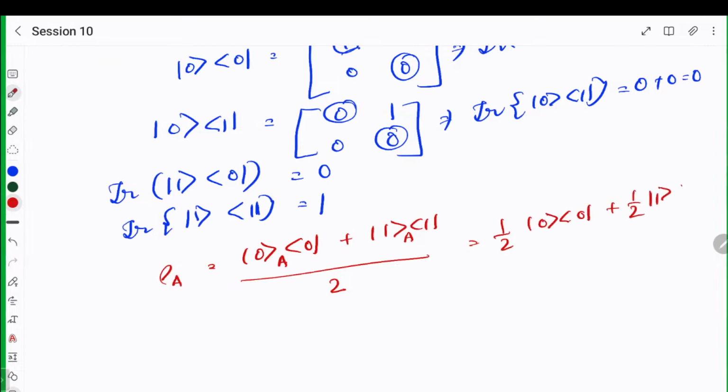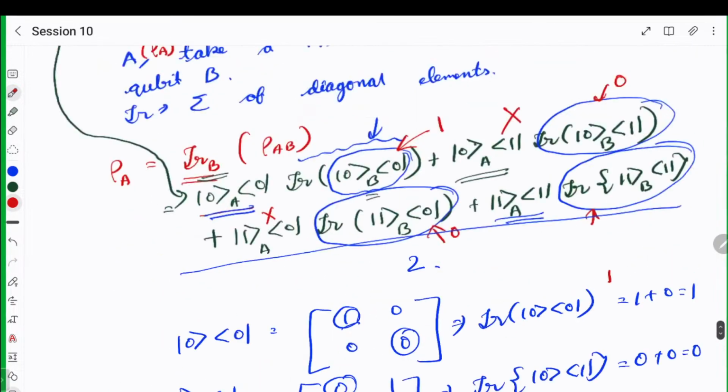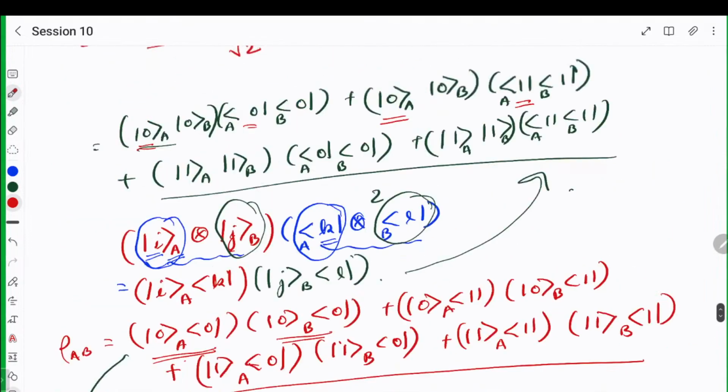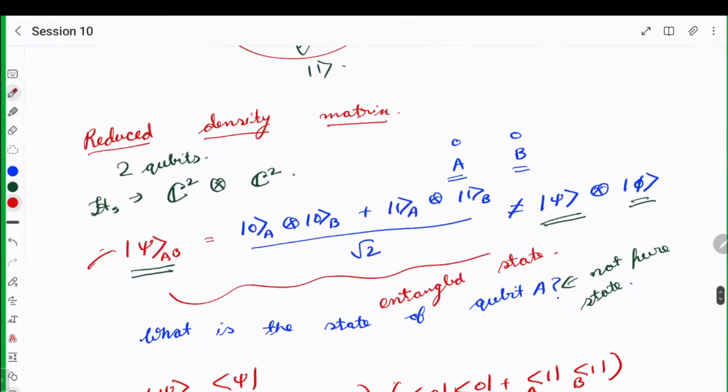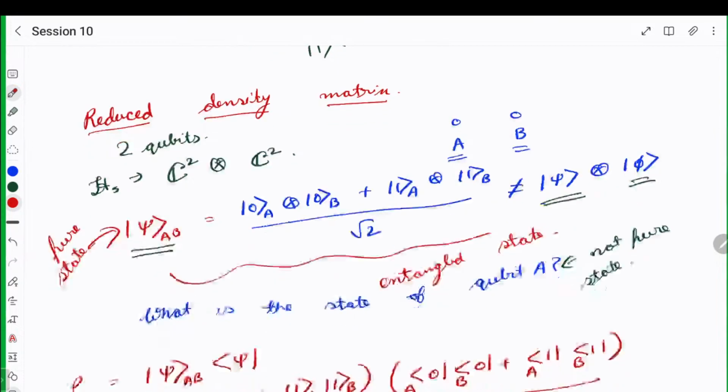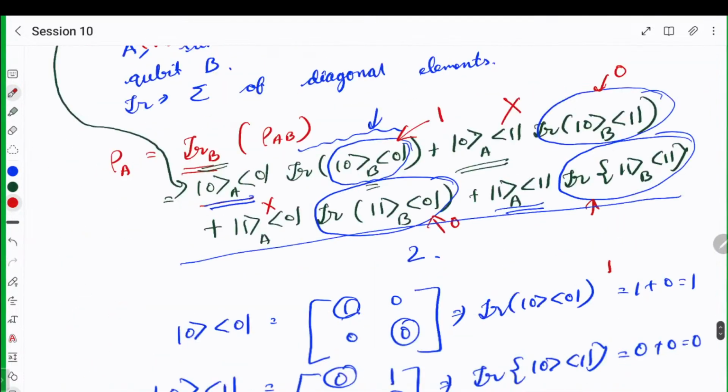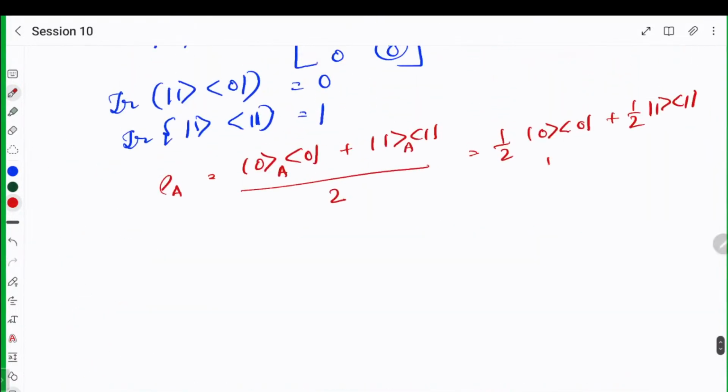So we see that we started with a pure state, this entangled state psi AB. This was a pure state. The composite system was in a pure state. But when we are looking at the subsystem A, then that subsystem A is no longer pure. This becomes a mixed state.